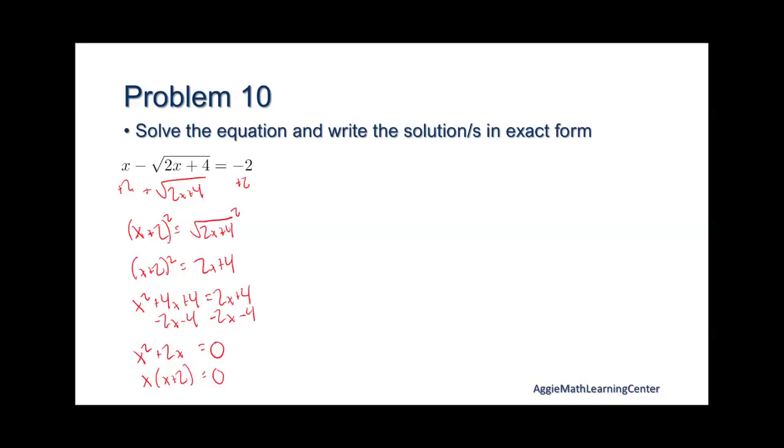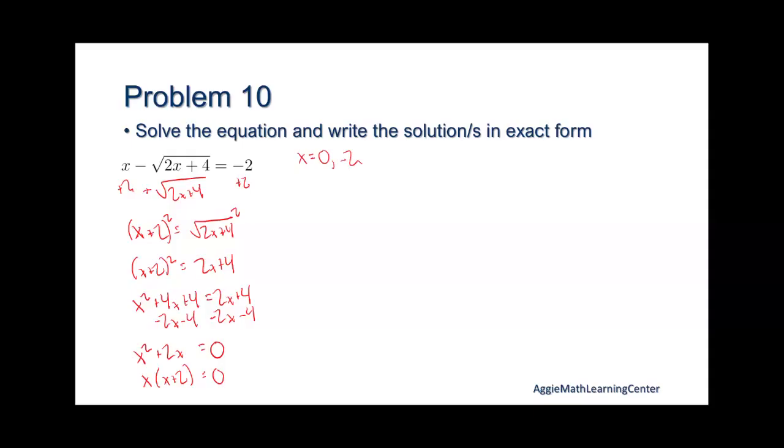Pulling out an x like that or a number is factoring it still. Is there anything else we can factor from that? Okay, so it's all factored. It's equal to 0. What are our two potential solutions for this one? 0 and -2. Perfect. If x is either one of those, they equal 0.